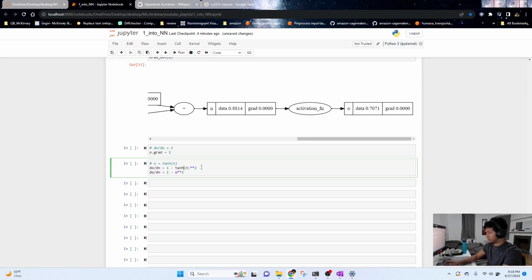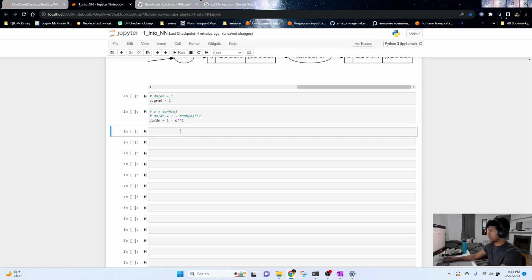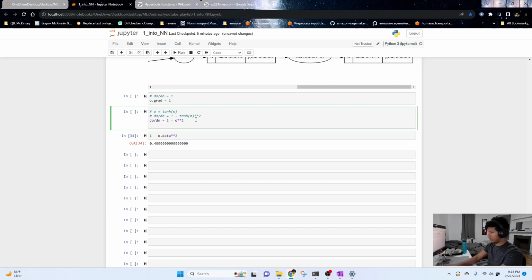Calculating this value will be 1 minus o.data whole squared, which is 0.5. Hence, n.grad is equal to 0.5.